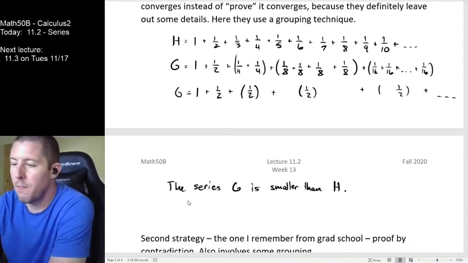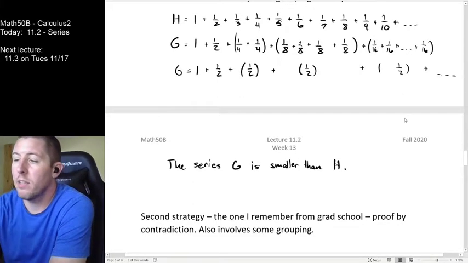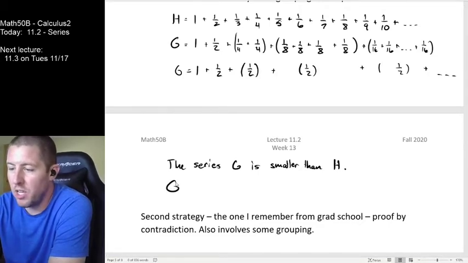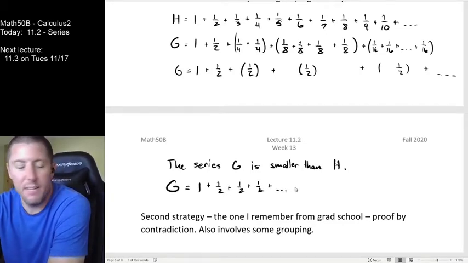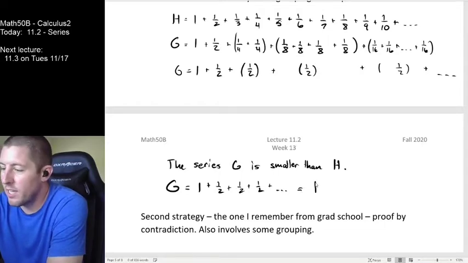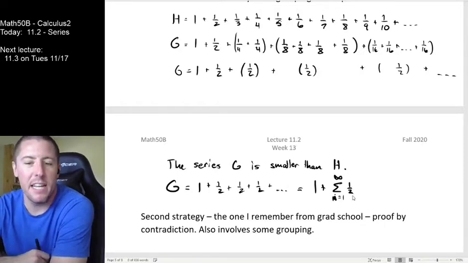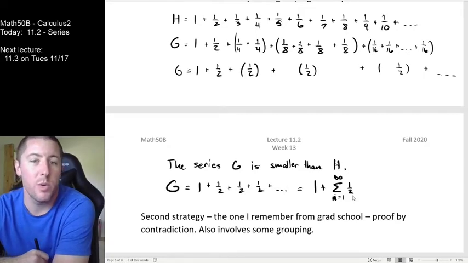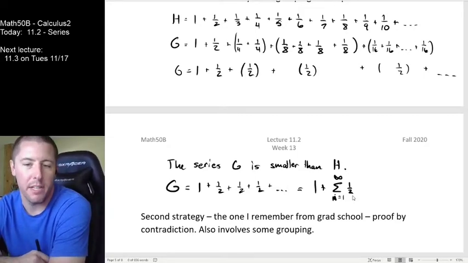All right? What I can also see here is G is equal to 1 plus 1/2 plus 1/2 plus 1/2 plus, and how many 1/2s? Well, an infinite number of them, right? So this is really equal to 1 plus the sum from n equals 1 to infinity of 1/2. We're adding up an infinite number of 1/2s as long as we group the terms in H appropriately.